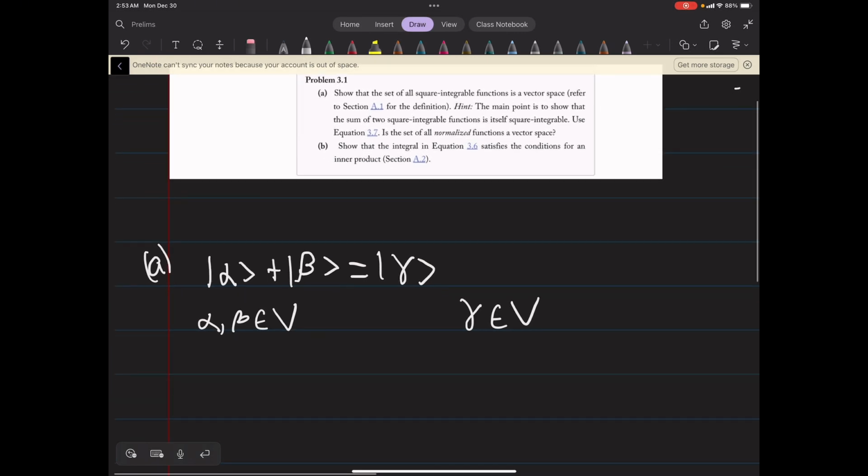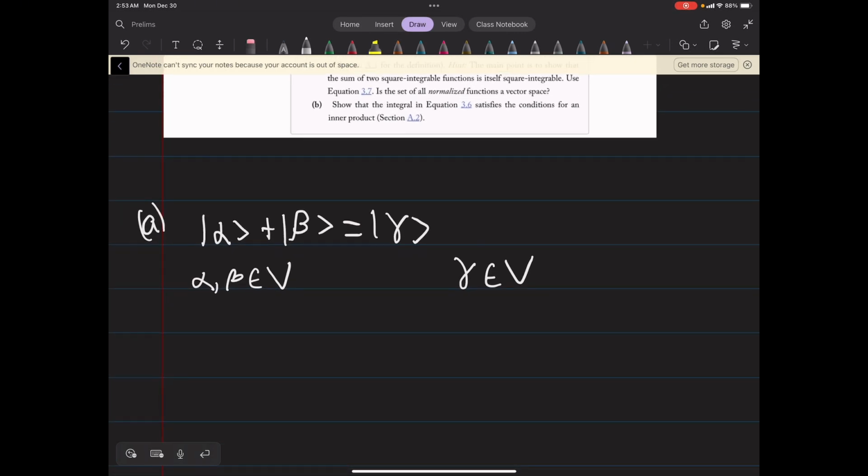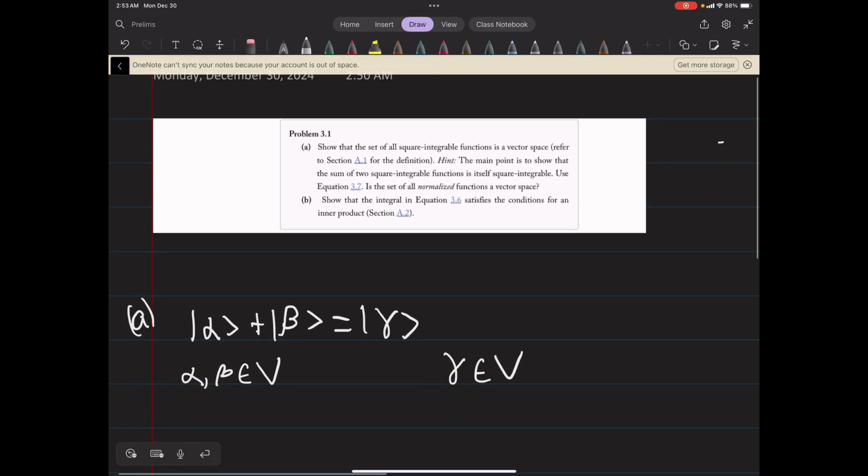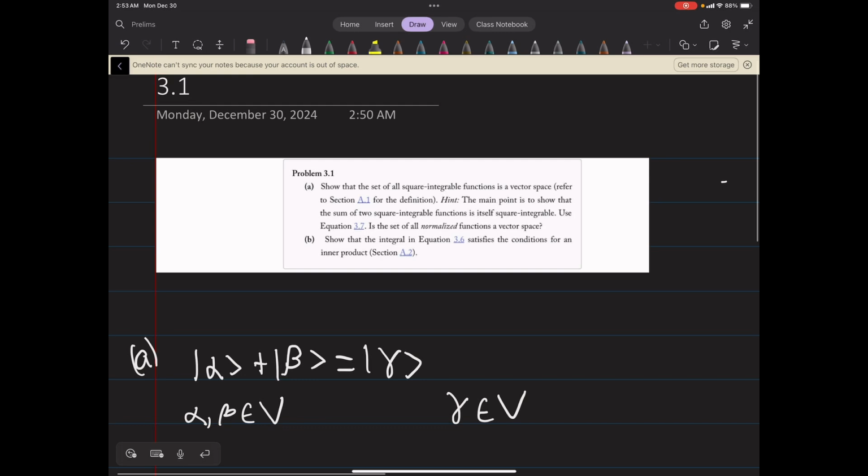Okay, there's a few other properties. For example, there has to be a vector 0, there has to be an identity, associative, commutative, stuff like that.